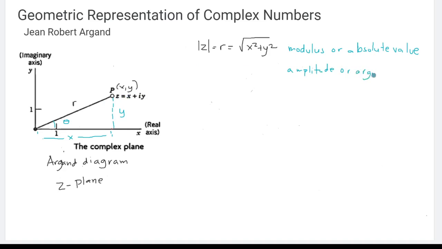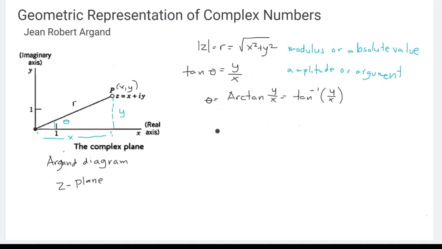And that is, if we observe the graph, opposite over adjacent, and that is equivalent to tangent theta is equivalent to y over x, or simply theta is arctan of y over x. That's the inverse trigonometric function of tangent, y over x.